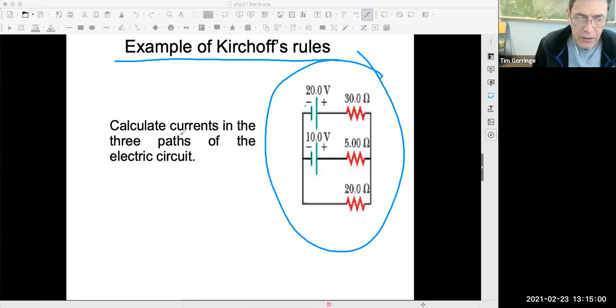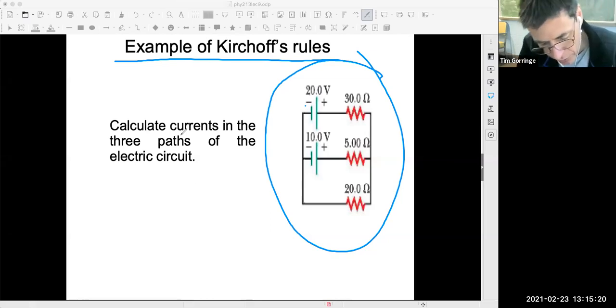The rule is that depending on which direction you're going to go, the changes in potential as you walk across circuit elements would be opposite if you went the opposite direction. So you have to get the signs of the potential changes right, but you can walk either clockwise or counterclockwise. So that's a good question.